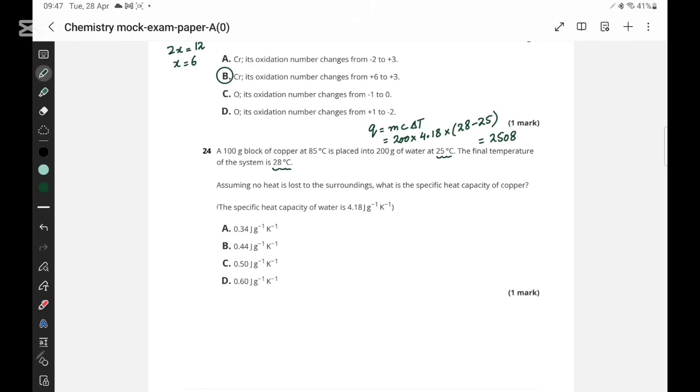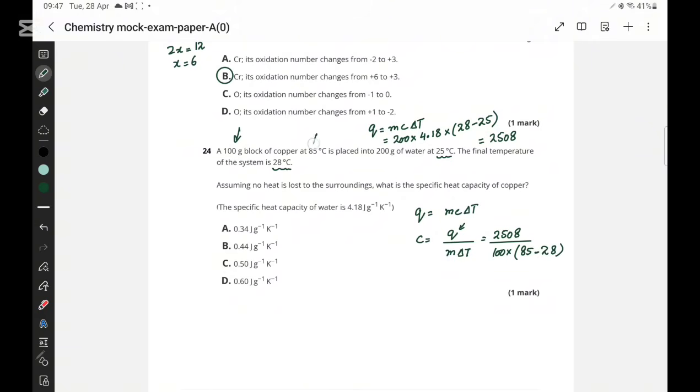Now in order to find the heat capacity of copper, Q is equal to mc delta T, c is equal to Q divided by m delta T. So Q is going to be the heat which has been generated by water, that is 2508. And m is the mass of copper, that is going to be 100 grams, times the delta T, which is going to be 85 minus 28.